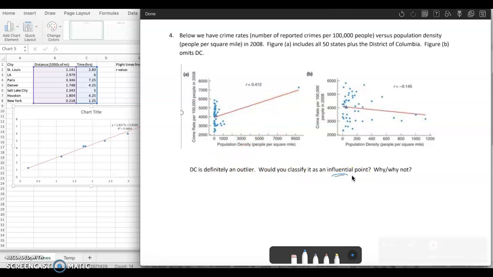I would say yes, because it not only changed the strength of the correlation by a lot, it even changed the direction.